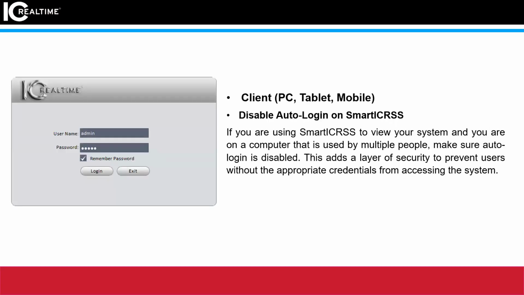Next is disabling auto login on Smart ICRSS, and, to go even further, adding a password to ICRSS Pro or ICView, our mobile applications. By default, when you install Smart ICRSS remote client software, it's set to auto log in. That means your end user double clicks on their desktop icon and it logs into Smart ICRSS, which makes it really convenient.